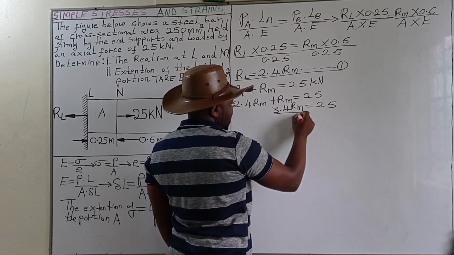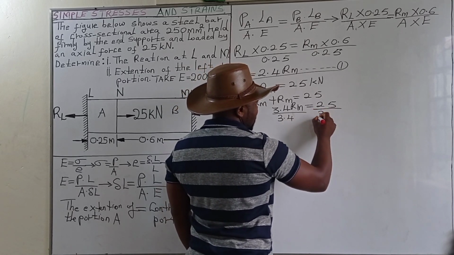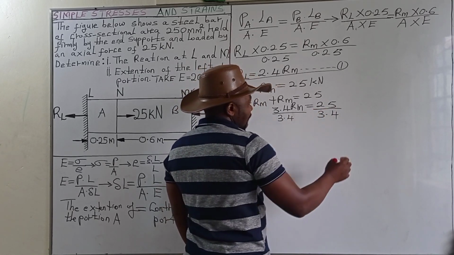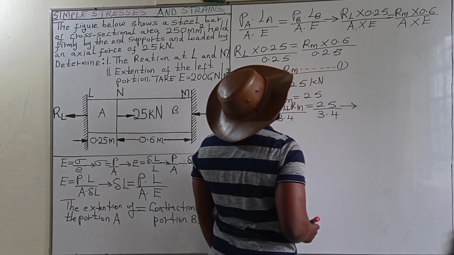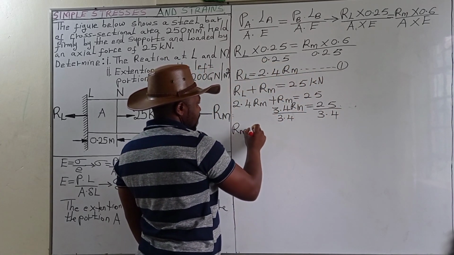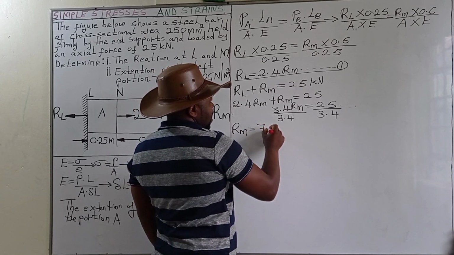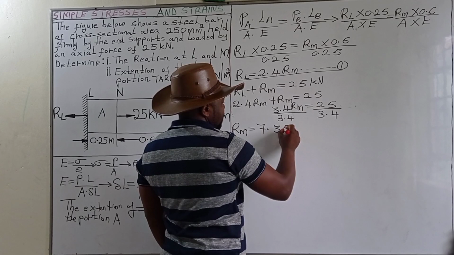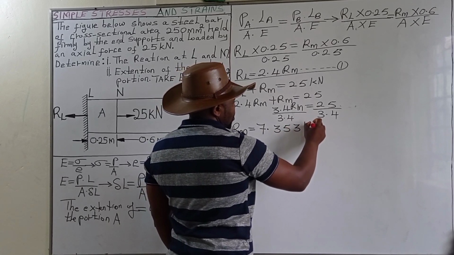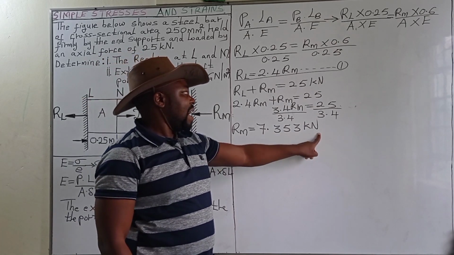To get the value of Rm, divide both sides by 3.4. And this is going to give us a reaction at M of 7.353 kilonewtons. So that is the reaction at M.